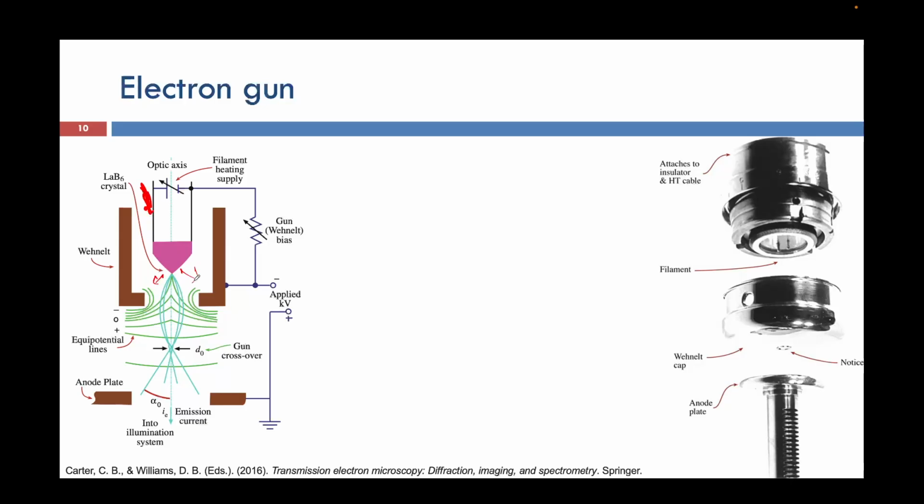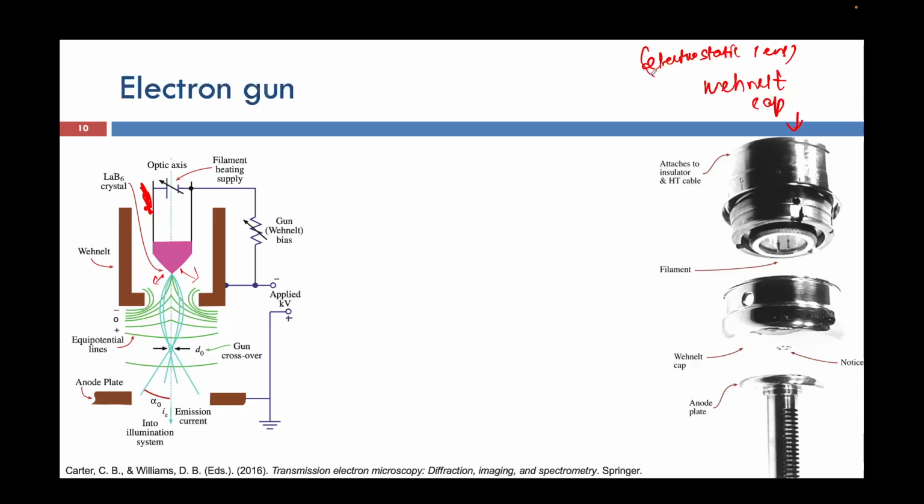Once they have a tendency to go in all directions, we cannot focus them into a single point, and if we are not able to focus them into a single point, then we will get blurred images. So that is why there is a cap called the Wehnelt cap. So this is an example of a Wehnelt cap. Okay, so what is this Wehnelt cap? It is an electrostatic lens, nothing but an electrostatic lens.